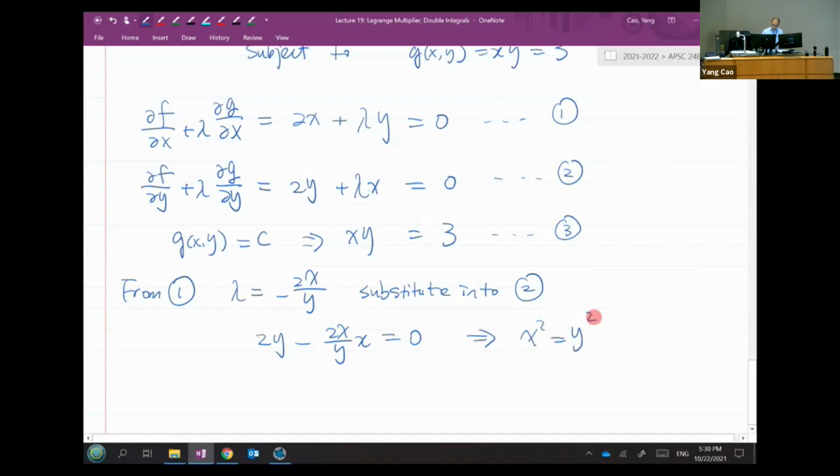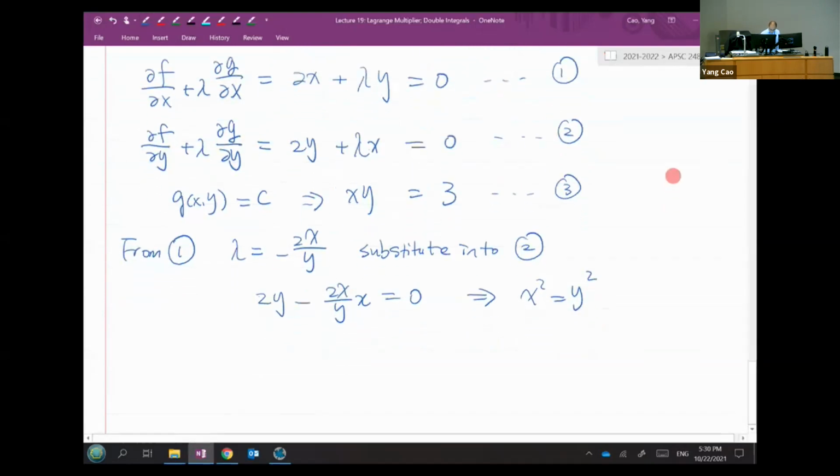So x squared equal to y squared, you will have two results coming out of this. You get either x equal to y or x equal to negative y.